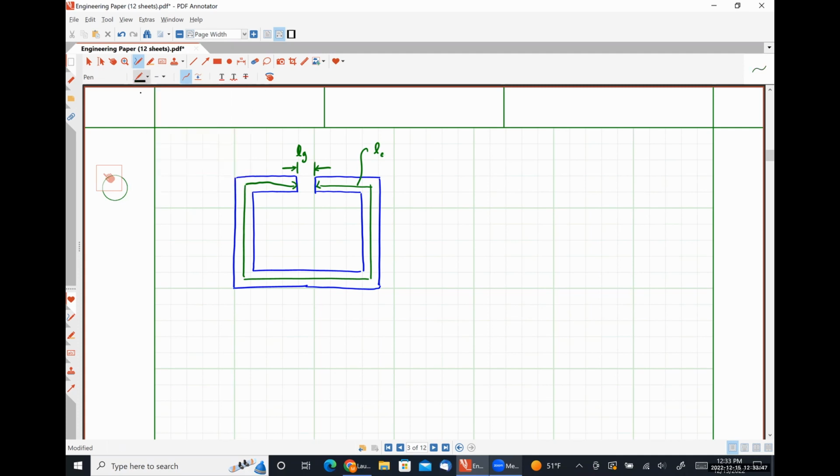And let's say that I wrap a wire around this core that has N1 turns, where my current I1 is flowing in this direction. And then I put a wire over here, and I wrap it around my core some number of times.